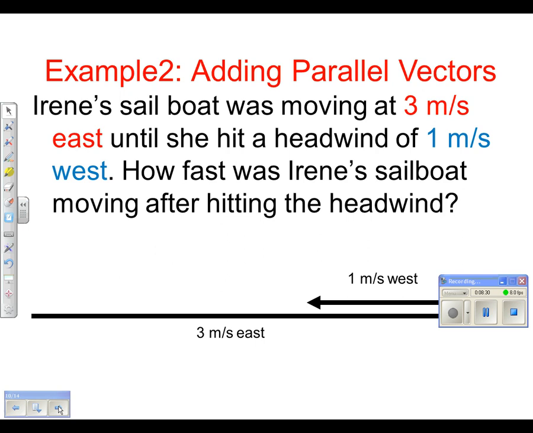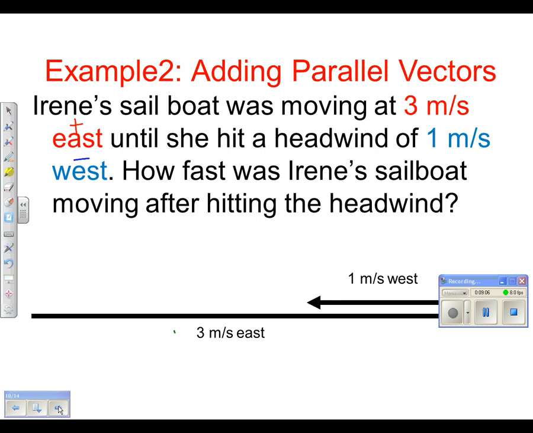So here's a case where they're both parallel, but one's going one direction and the other is heading in another direction. And because direction matters, we've got to decide a positive and a negative. And so in this case, we're going to decide that east is positive, and I'm going to call west negative. And so Irene's going to sail, and her boat is moving with a velocity of 3 meters per second east.